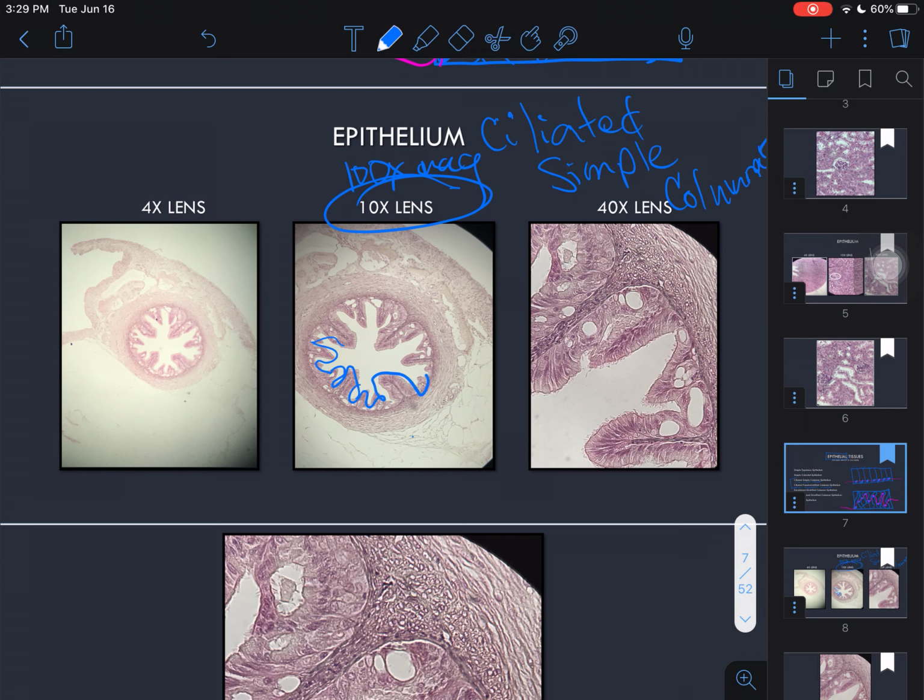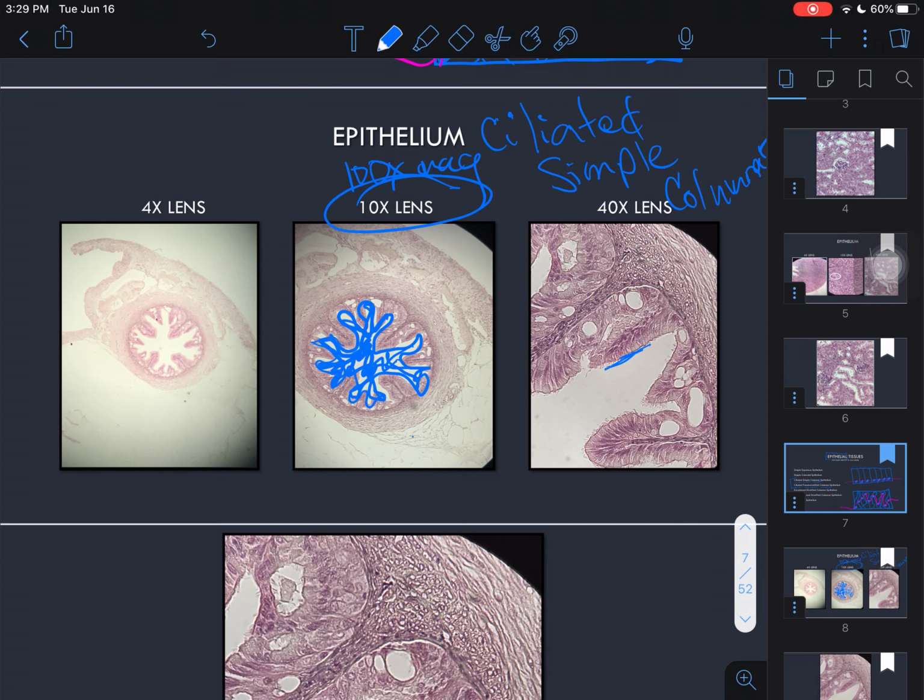So you see this snowflake. What this snowflake empty space actually is called a lumen. This is what's actually going to contact the air or fluid, depending on where the organ is at, right, that is coming into the body.